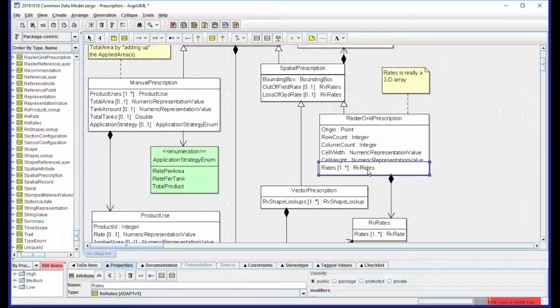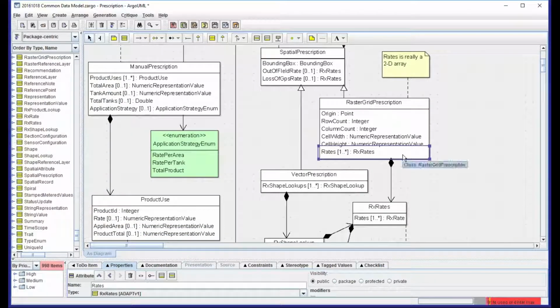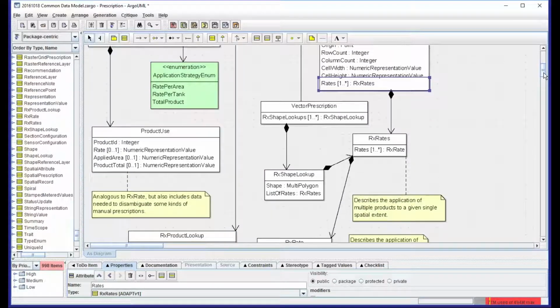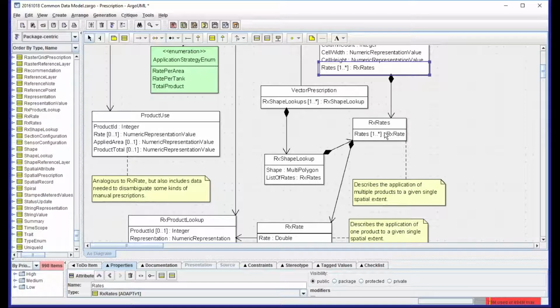And after that, we have this RX rates, which is actually a 2-dimensional array in the implementation, shown here just as a list. But in the implementation and code, it's a 2D array. And for each cell defined by a position in that row count or column count, we have a set of RX rates. We don't need a whole RX-shaped lookup like we did in the vector prescription because we already know where it is.